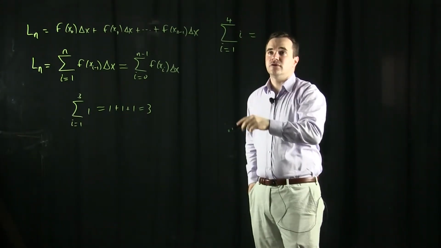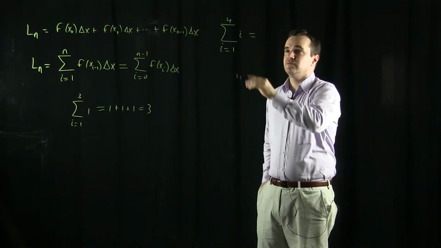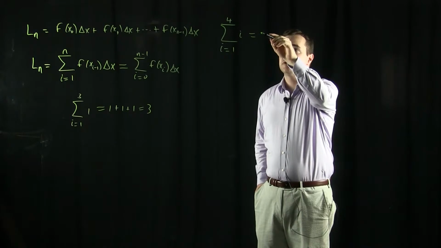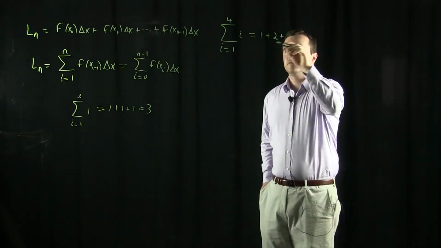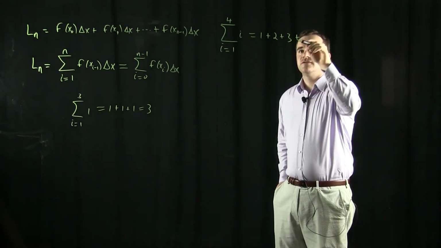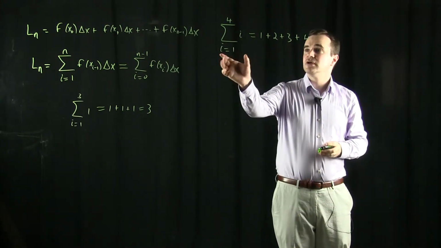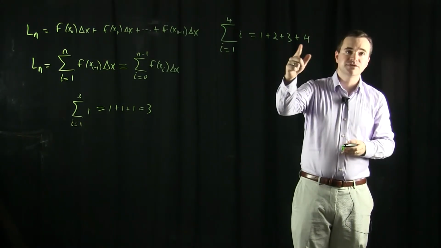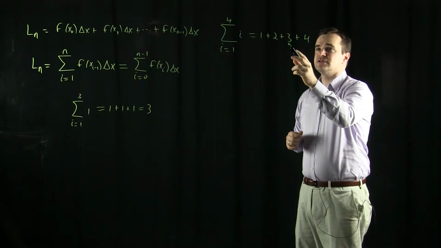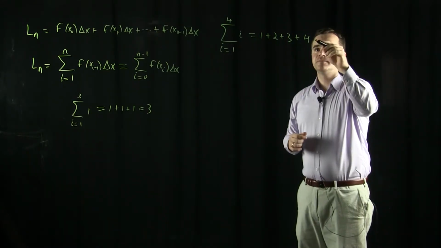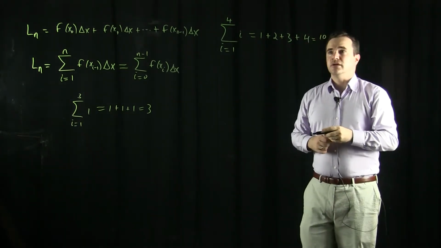There are going to be 4 terms, and in each one I substitute for i. I get 1, then substitute i equals 2, plus 3, and after I get to 4, I stop. This is a quick way of writing 1 plus 2 plus 3 plus 4. Adding that together, 4 plus 3 is 7, plus 2 is 9, plus 1 is 10.